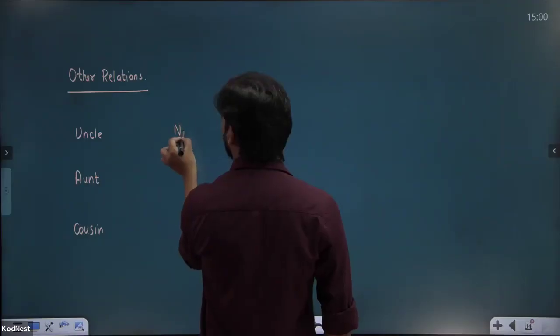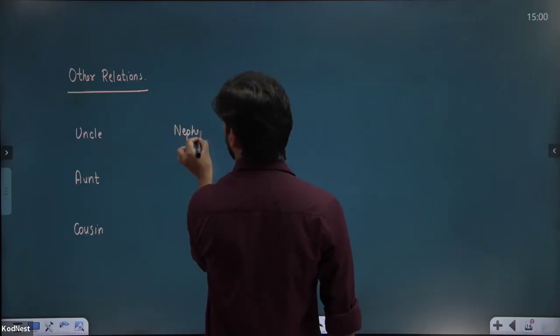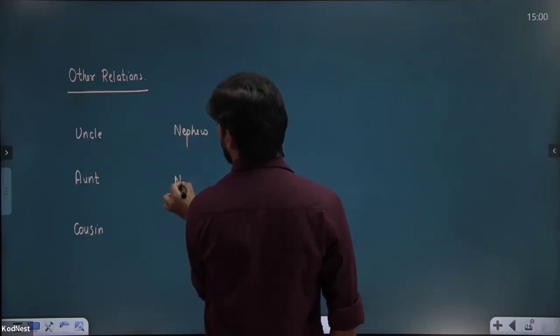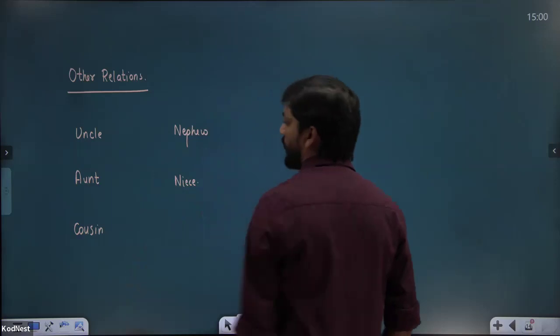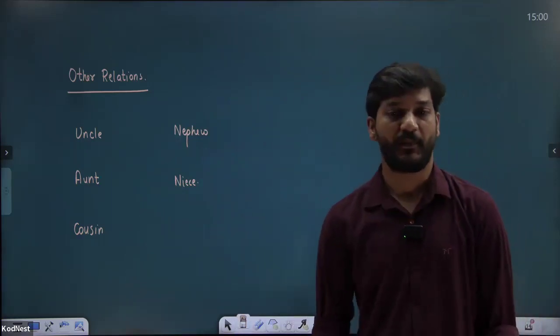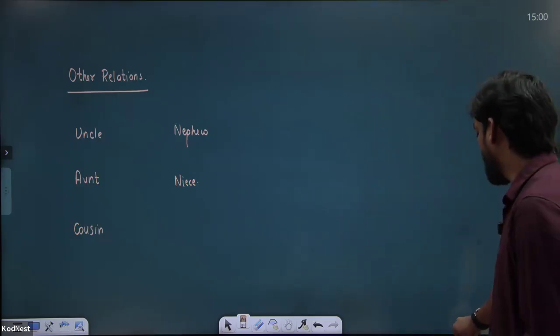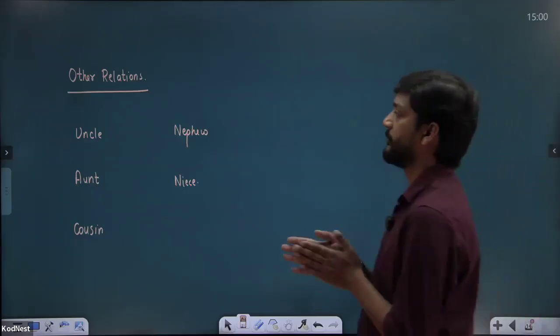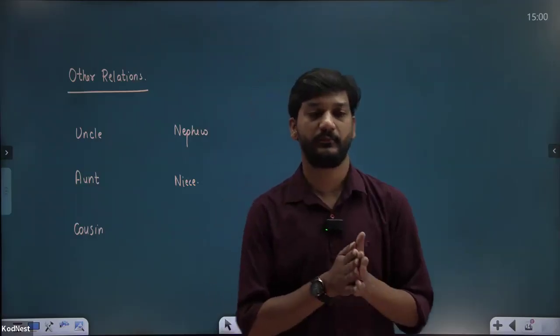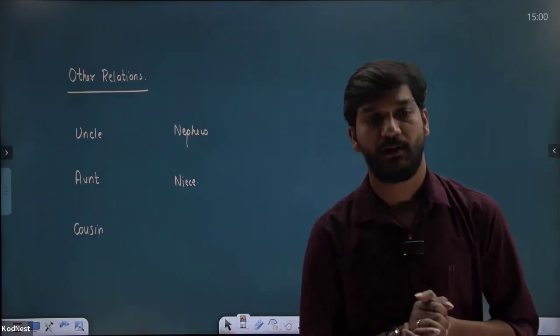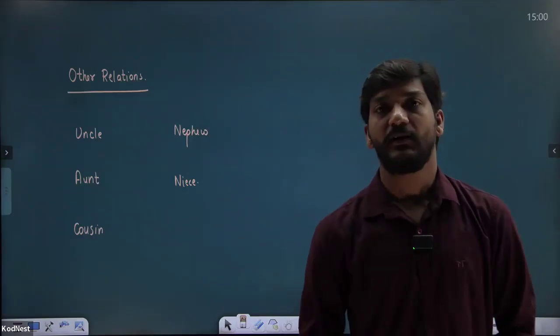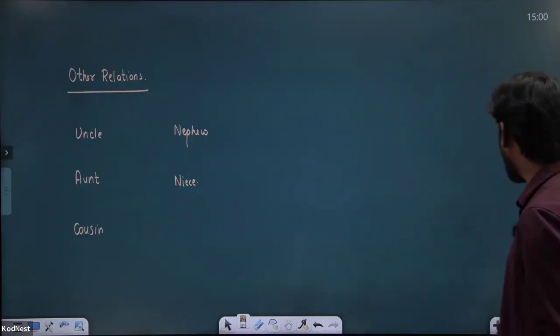Then nephew and niece. Okay, anything else which is left? Carefully answer. All right. So these are the relations we have to see.